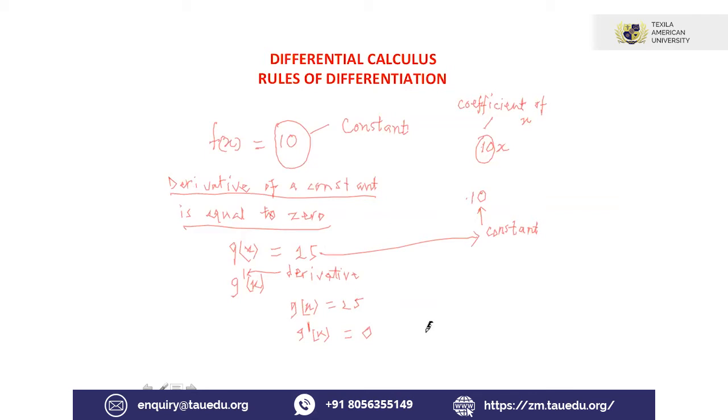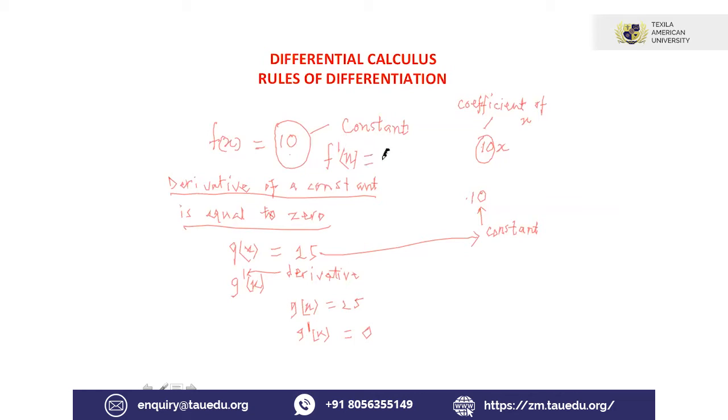Now, look at this example here. You have f of x is equal to 10. The 10 here is a constant, so your guess is as good as mine. What is the derivative of 10? Or what is the derivative of f of x is equal to 10? The result will be f prime of x, because the prime symbol here tells you that you are doing a derivative.